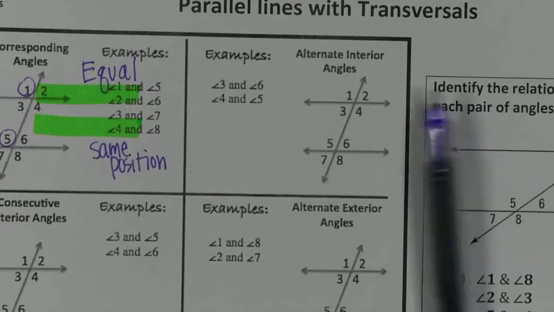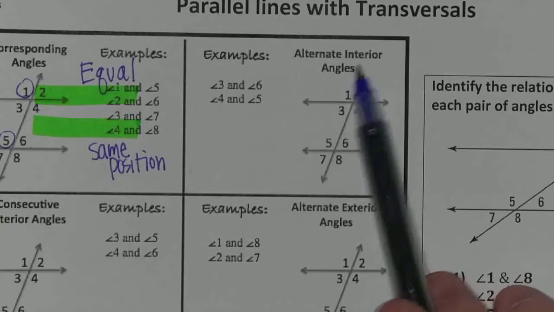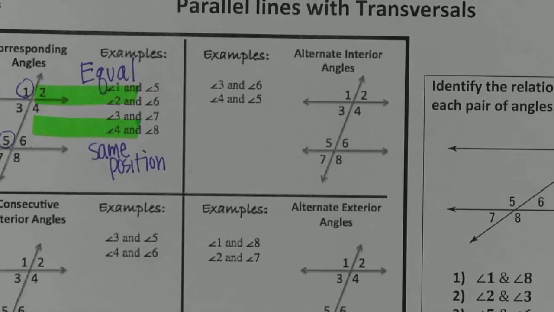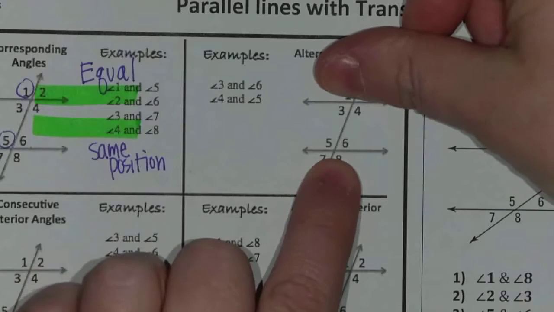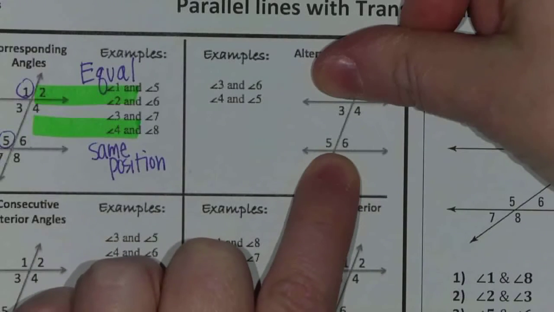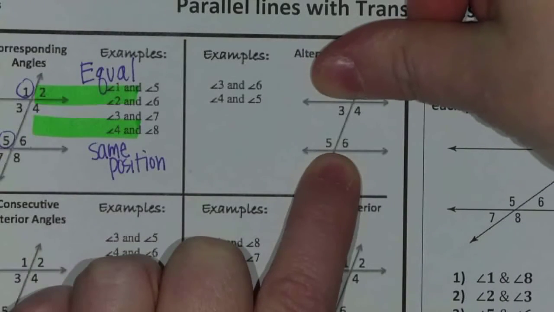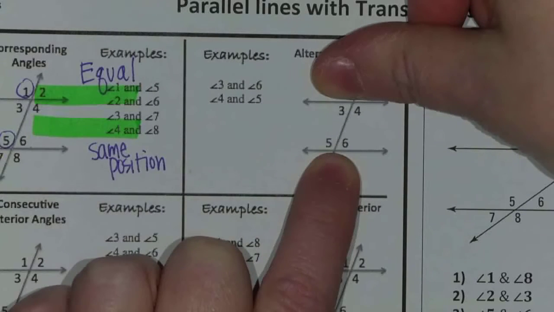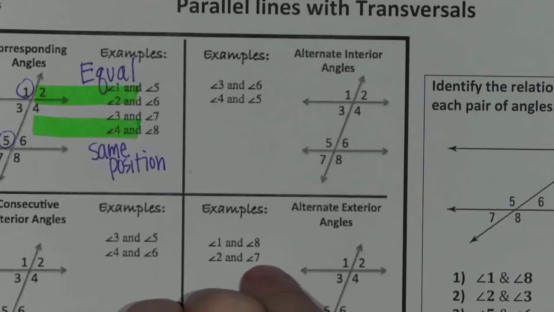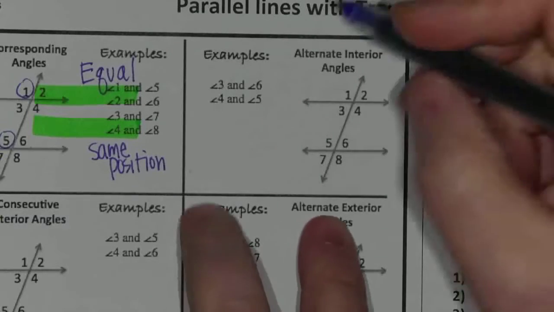Okay. The next kind of angle is called the alternate interior angles. Interior means inside, so inside the parallel lines. And what does alternate mean? On opposite sides of the transversal.